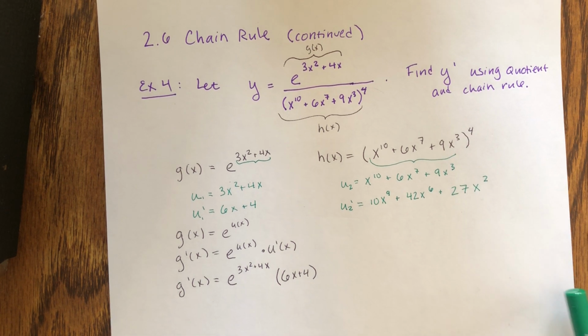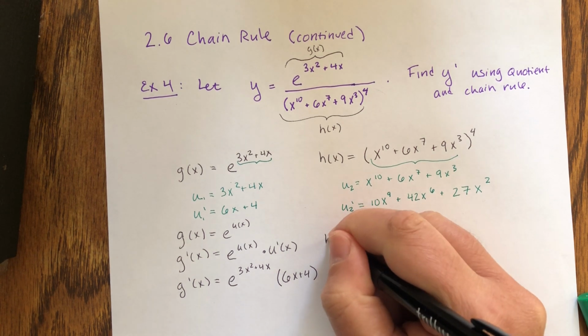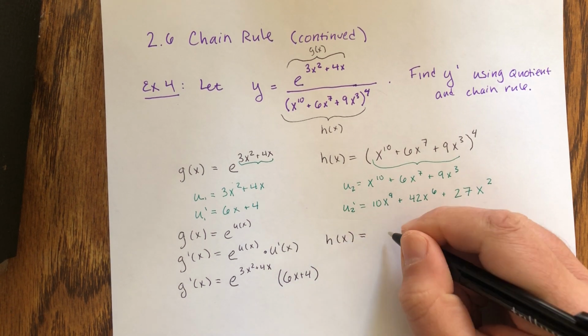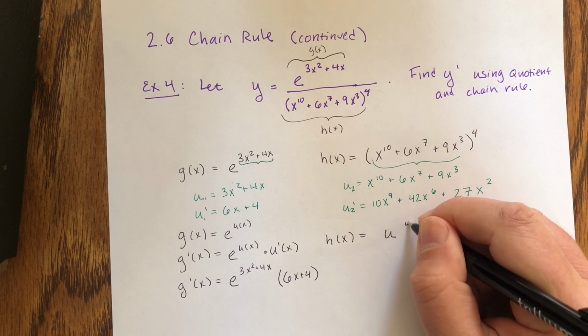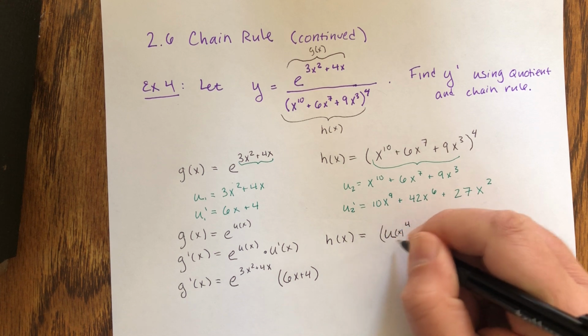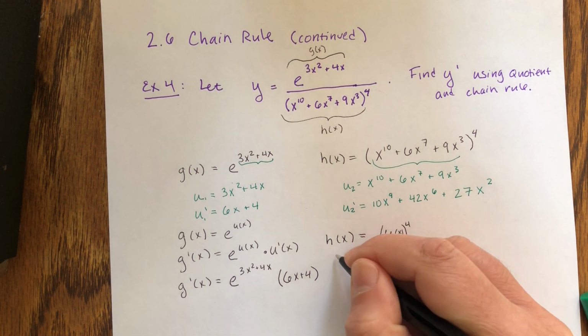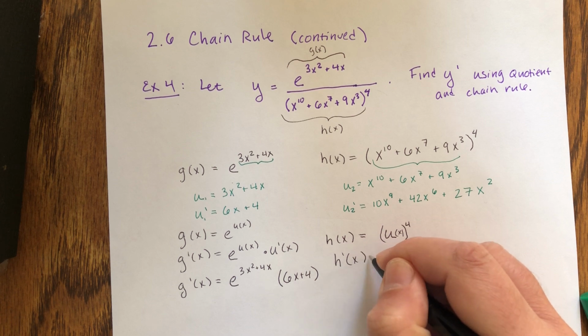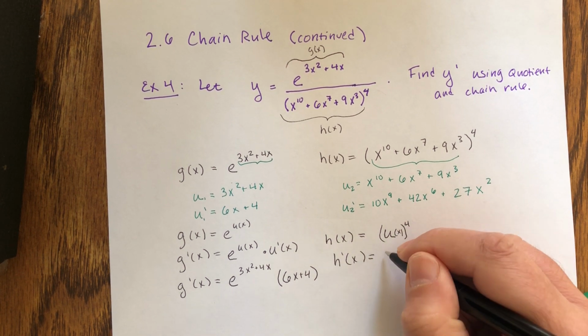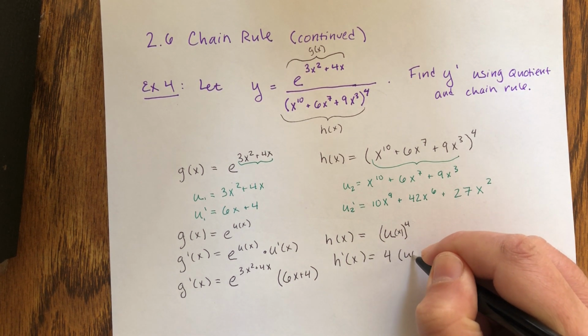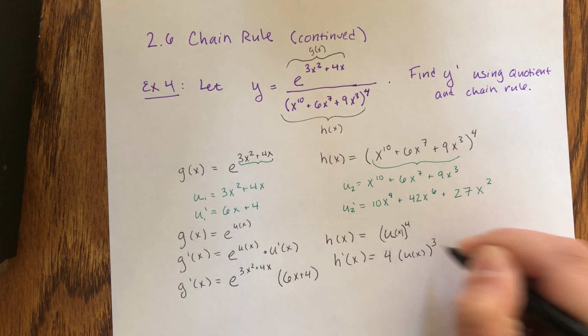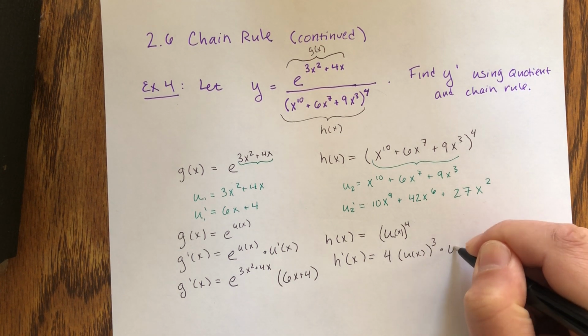All right, I rewrite my h in terms of u. So h of x would be the function, now it's going to be u raised to the 4th power, or u of x to the 4th power. And the chain rule says that to find the derivative of this, I take the derivative with respect to u, so 4 times u to the 3rd power, and then I multiply by u prime.